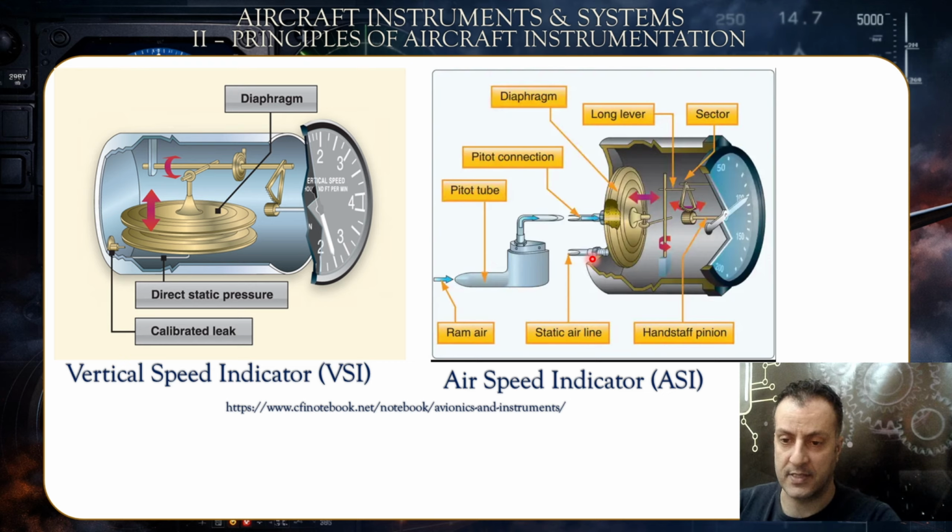VSI gives us the climb rate, so how many feet per minute are we climbing in case the airplane is climbing, or the descent rate if it's diving. And the altimeter gives us the altitude.